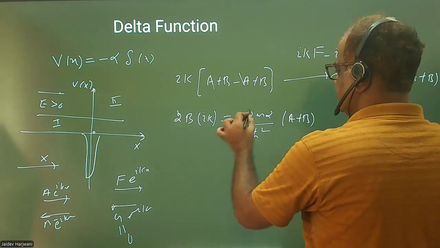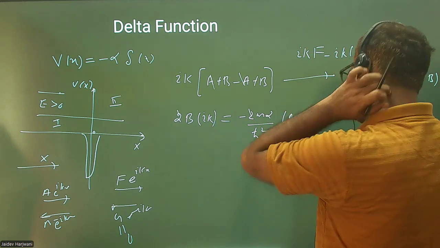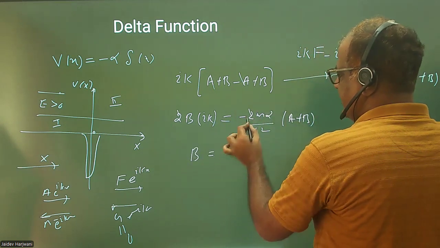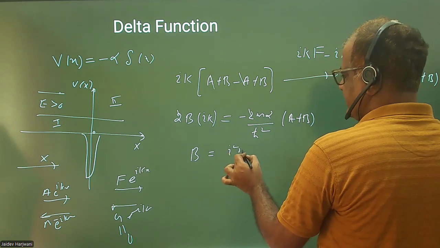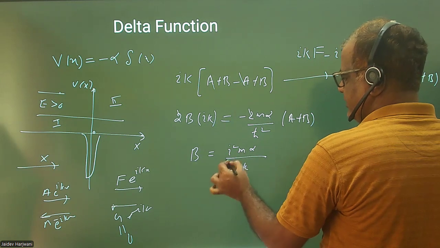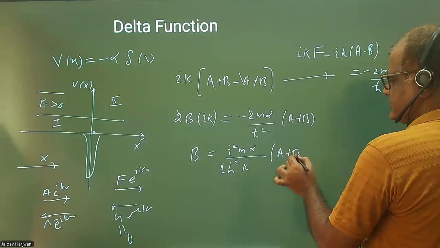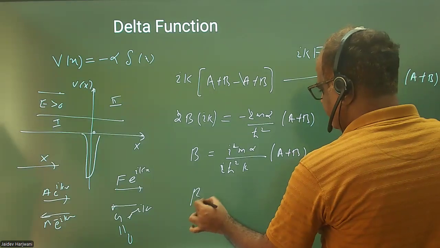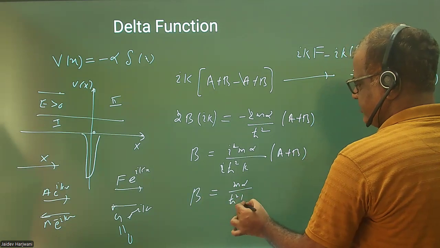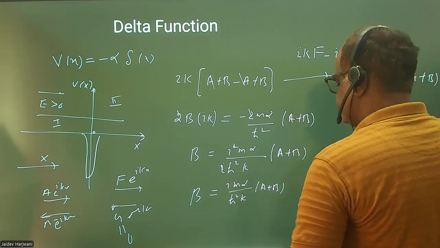So 2 cancels out. So b becomes minus iota square m alpha upon h cut square k, iota iota cancel, and then you have a plus b. So my b becomes m alpha upon h cut square k times a plus b into iota.